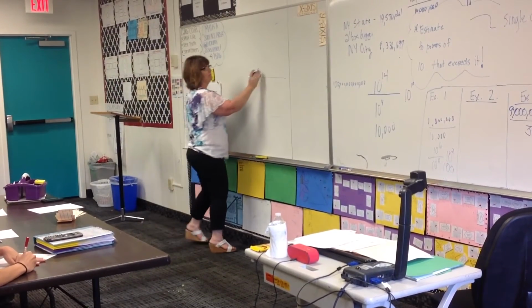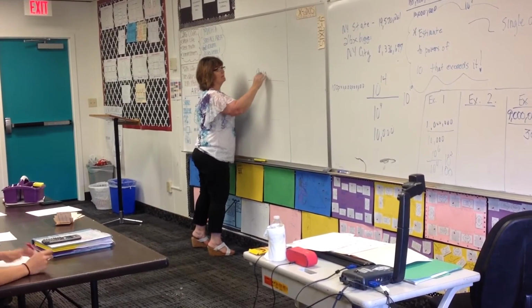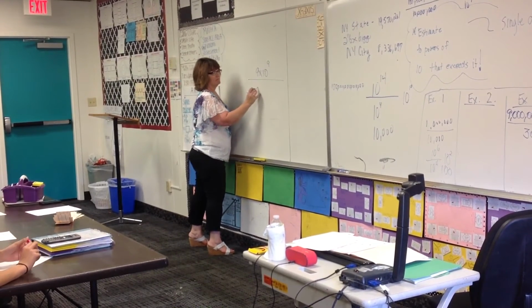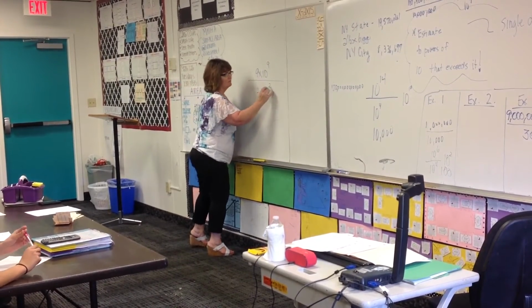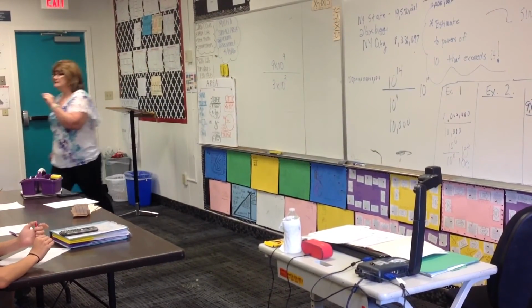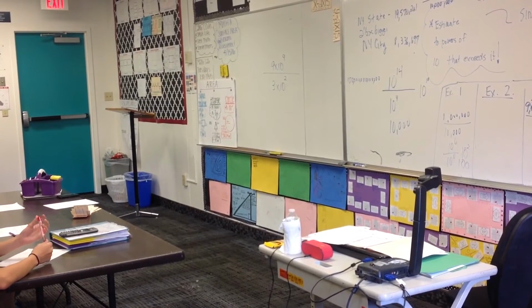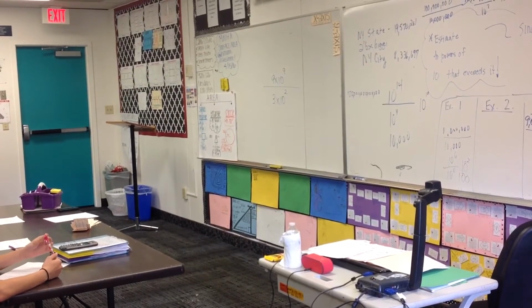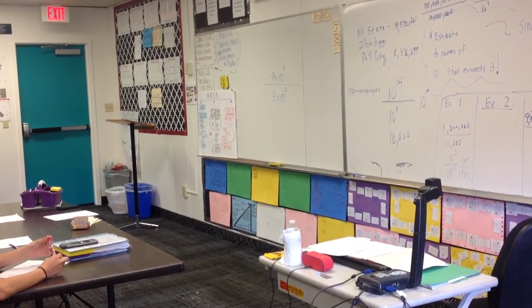9 times 10 to the 9th power. And then 3 times 10 to the 2nd power. I think there's just 2 zeros, right? Okay, so now we're gonna divide. They're so nice on this one, huh? Because it divides nice and simple.